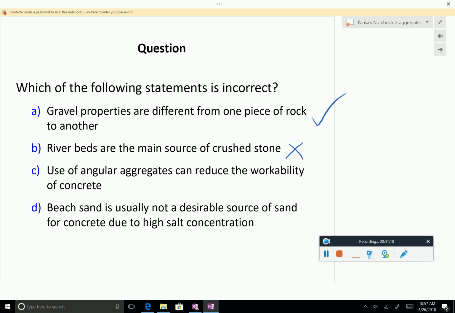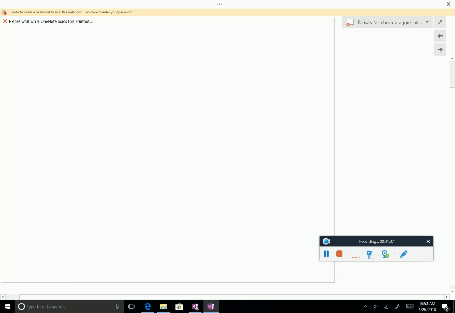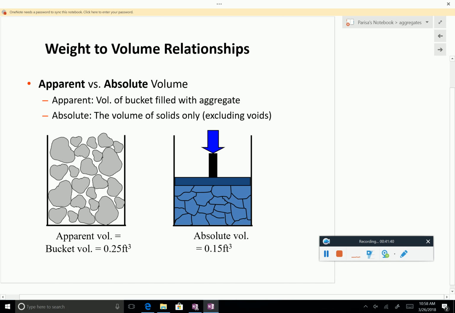Correct or incorrect? Exactly. D, beach sand is usually not a desirable source of sand for concrete due to high salt concentration. This is correct. We haven't talked about it, but I guess intuition helps. Okay, we'll stop here. And next time we do weight-volume relationships.